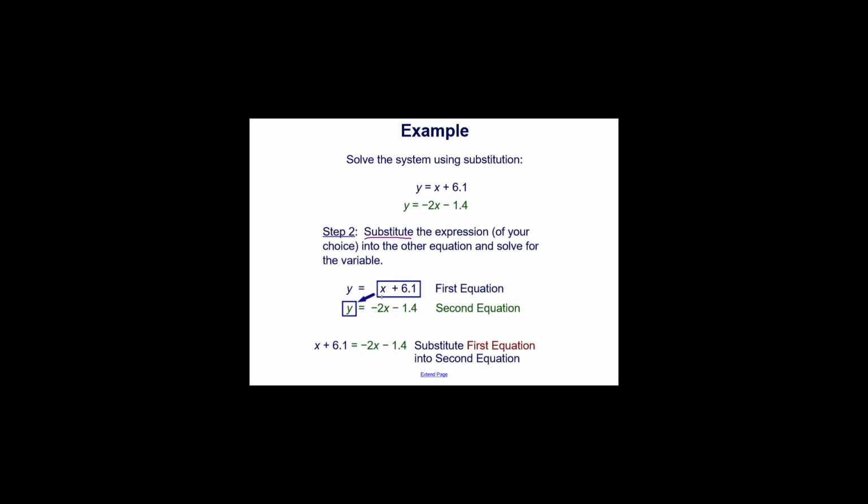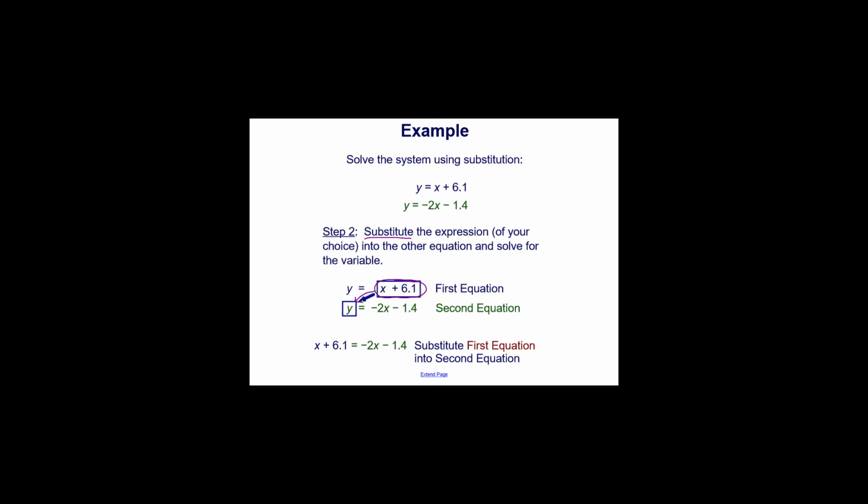So we are going to randomly pick the first equation, y equals x plus 6.1. We're going to take the expression that y equals, x plus 6.1, and substitute it in for y into the other equation, y equals negative 2x minus 1.4.